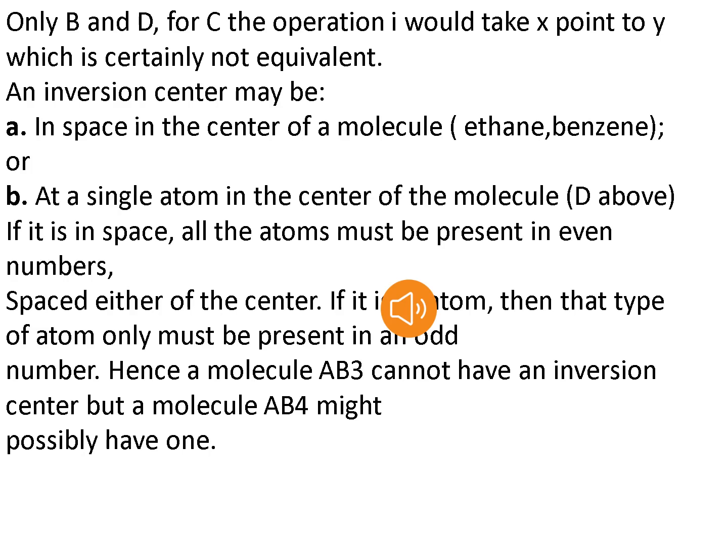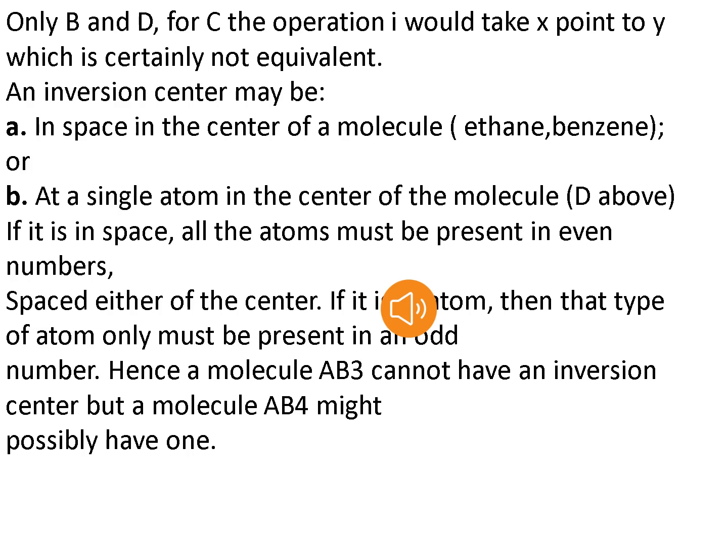These are the basic rules to find the inversion center, and there are two. The first rule is that if it is in a space in the molecule, then all the atoms must be present in an even number. And if it is at an atom, then that type of atom must be present in an odd number.